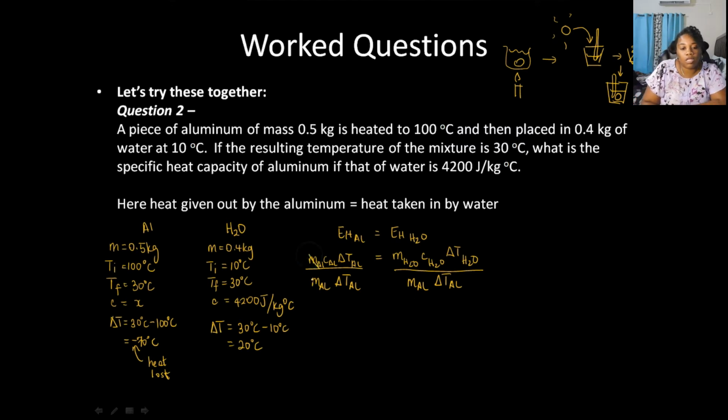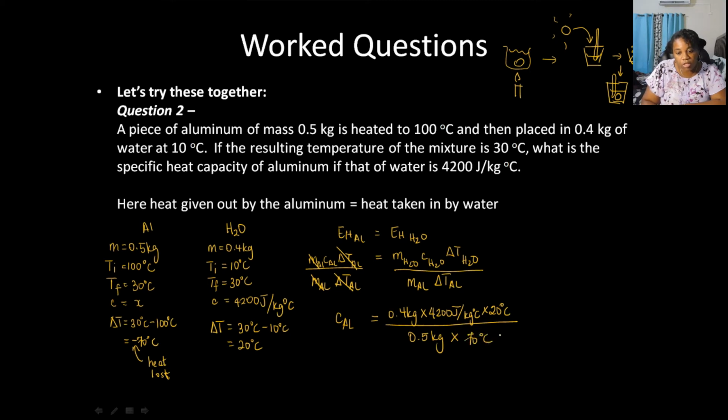So this cancels out, and now we see that C of aluminum is equal to the mass of water, which is 0.4 kilograms, times C, which is 4200 joules per kilogram degree Celsius, times delta T of water, which is 20 degrees Celsius, over the mass of aluminum, 0.5 kilograms, times the delta T of aluminum, which is 70.